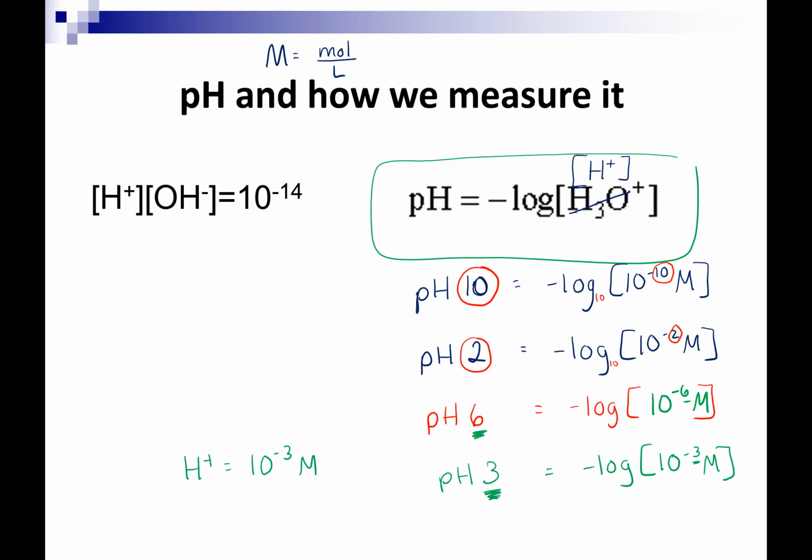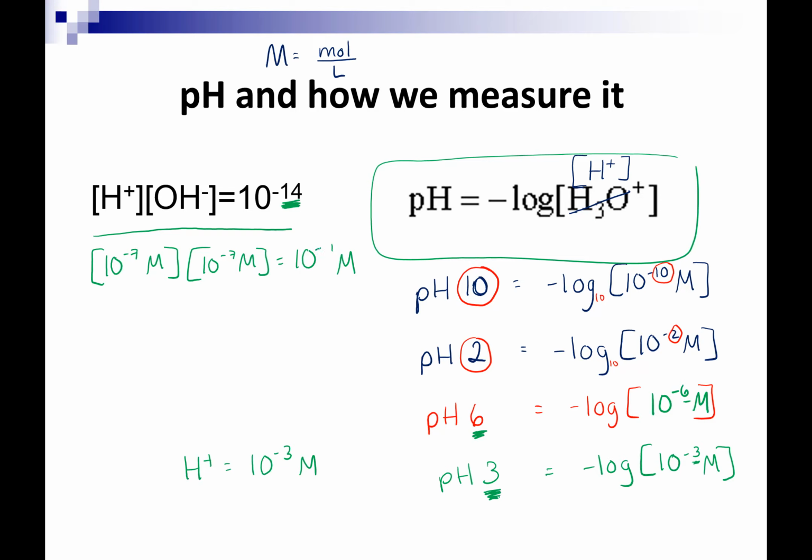Okay. So over here, it shows you that the concentration of hydrogen ions times the concentration of hydroxyl ions always equals 10 to the minus 14. This is where we get our pH scale. So at neutral pH, we have the same number of hydrogen ions and hydroxyl ions.